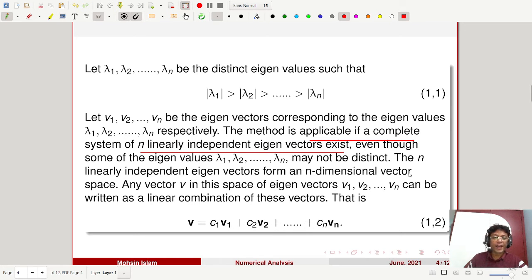Any vector v in the space of eigenvectors v1, v2, ..., vn can be written as a linear combination of these eigenvectors. That is, v equals c1 v1 plus c2 v2 plus ... plus cn vn. This is equation number 1.1, a typographical error was made in the numbering.